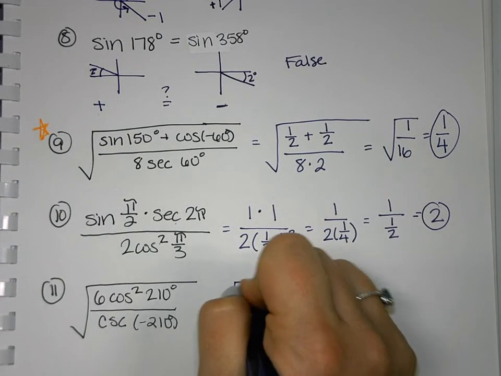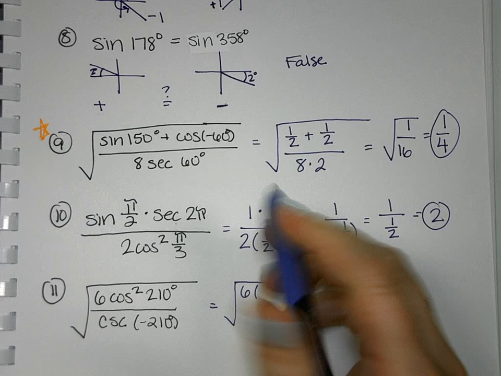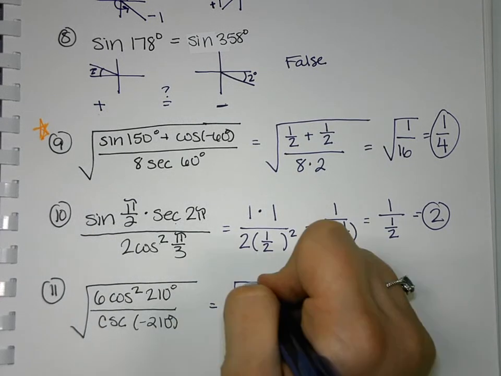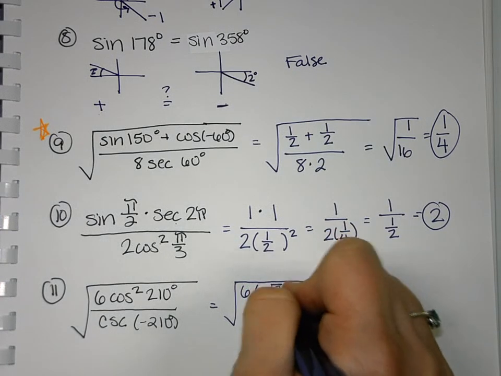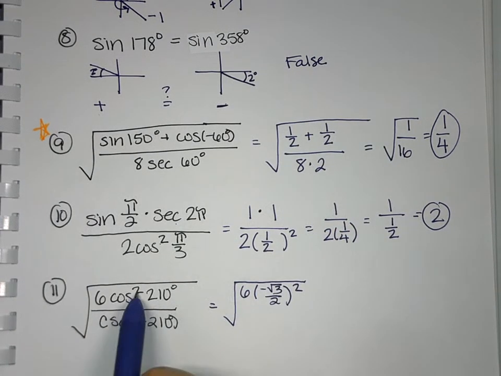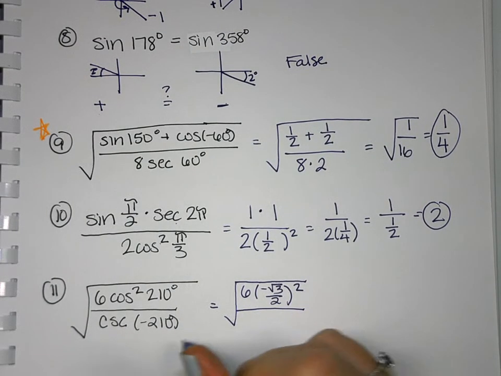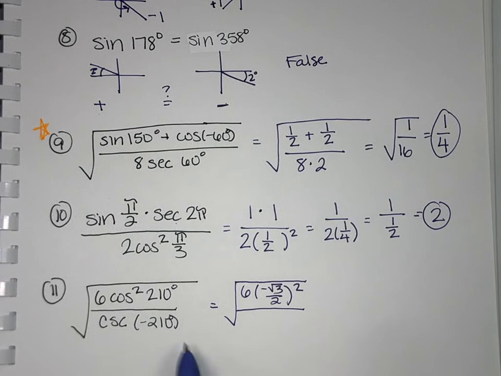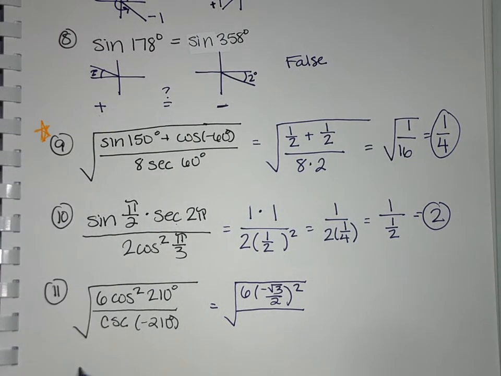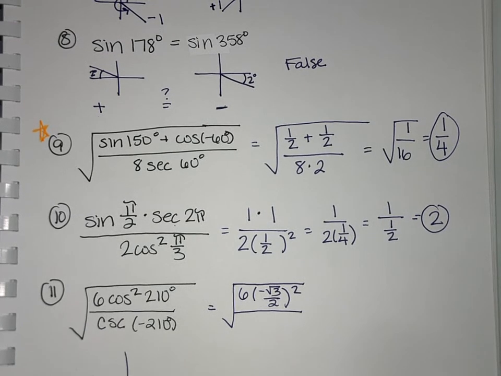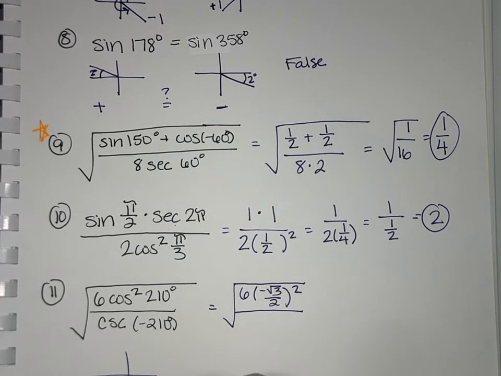So I have my 6 times, and I look up cosine of 210. That's negative root 3 over 2, and I'm squaring that because the squared is on the cosine. Then for cosecant of negative 210, that puts me up here in quadrant 2.